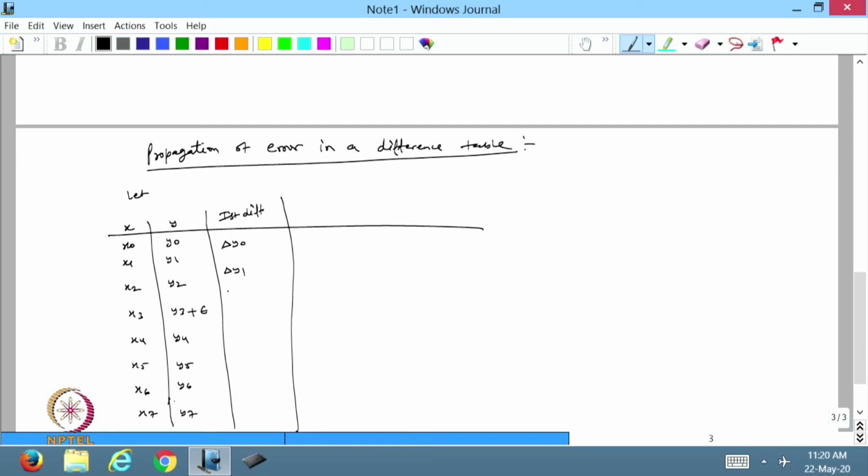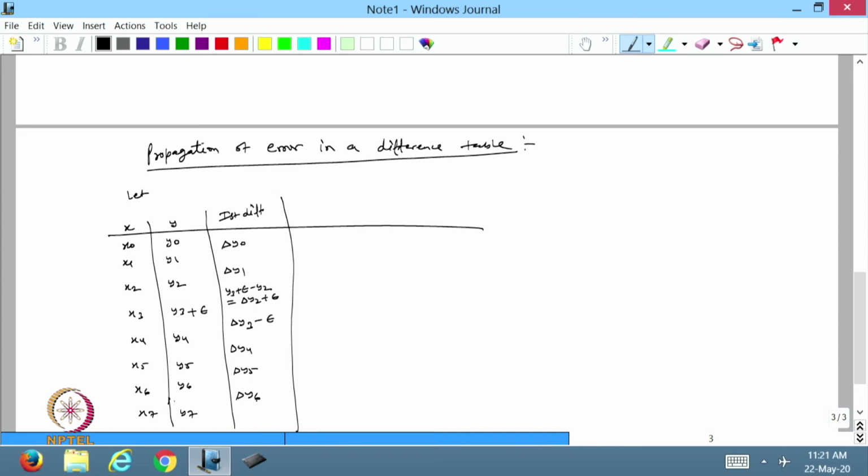So, I will get y 3 plus epsilon minus y 2. So, that is equal to y 3 minus y 2, so del y 2 plus epsilon. The next value will be y 4 minus this, so minus epsilon will be there. So, here I can write del y 3 minus epsilon. Then del y 4, del y 5 and del y 6.